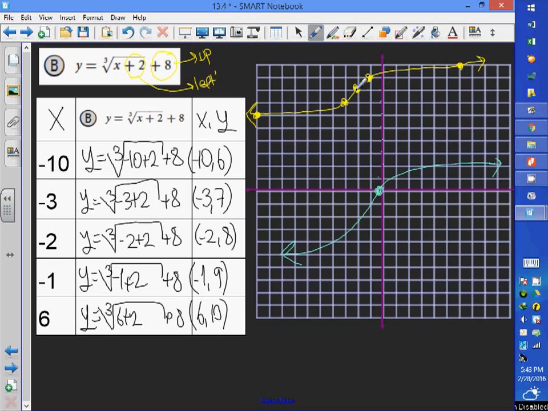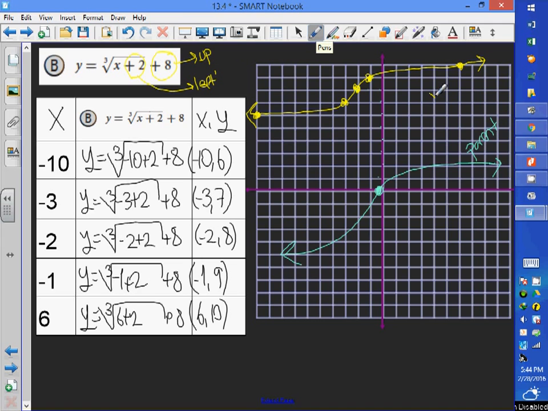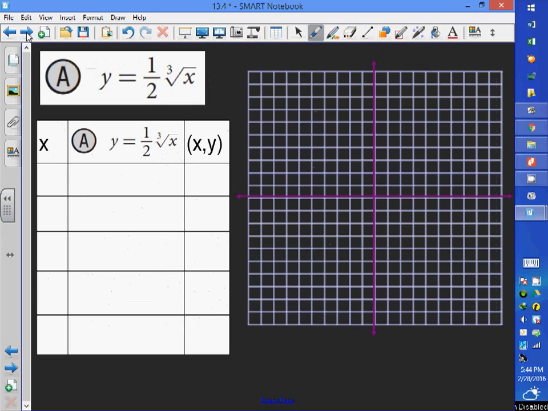As you see, this point moves 8 units up and 2 units to the left. This is the parent function. And this is the function we found, which is y equals cube root of x plus 2, plus 8. I think this one is easier than the other one.